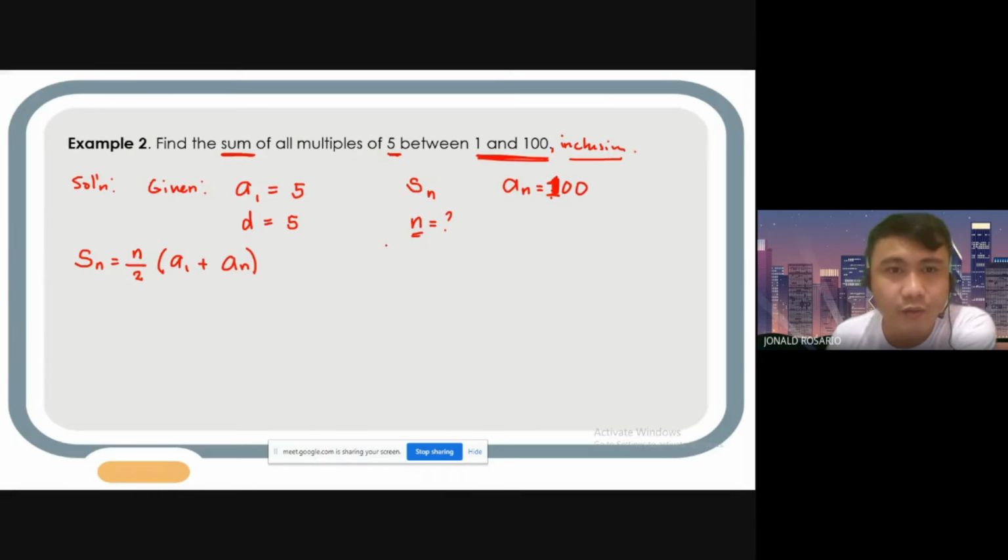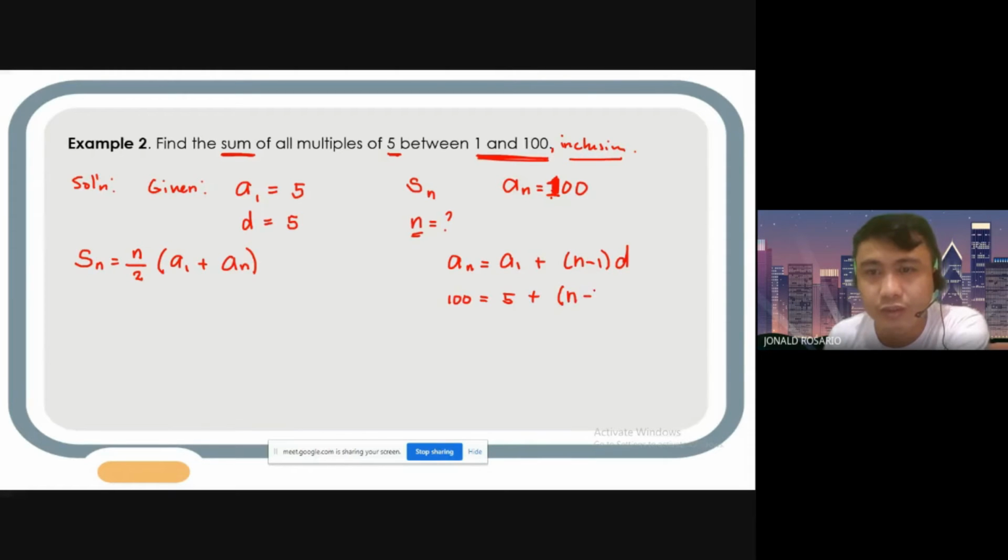So we're going to look for the value first ng n by using the formula of the nth term. A sub n equals a sub 1 plus n minus 1 times d. Our a sub n is 100 and our a sub 1 is 5 and our n is unknown, minus 1 times the common difference, which is 5.